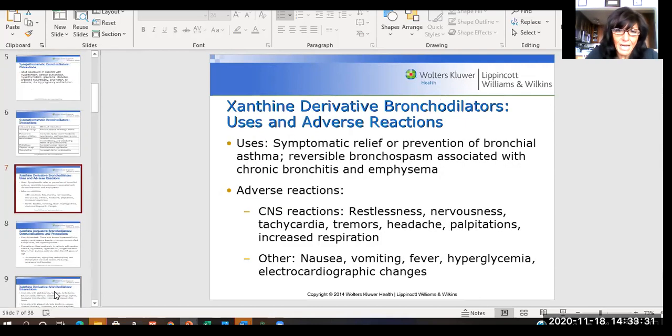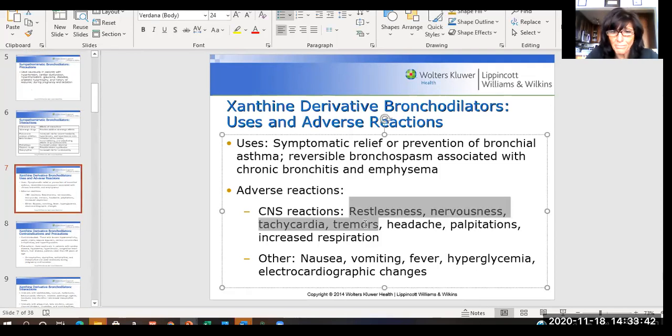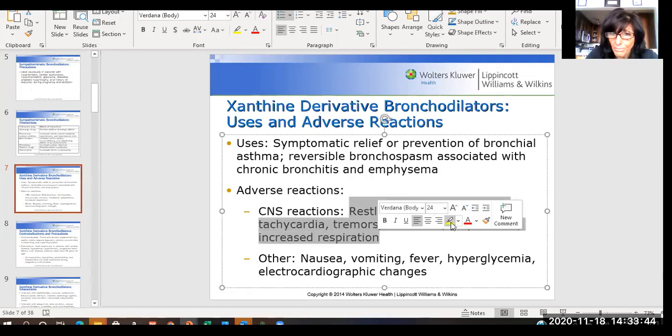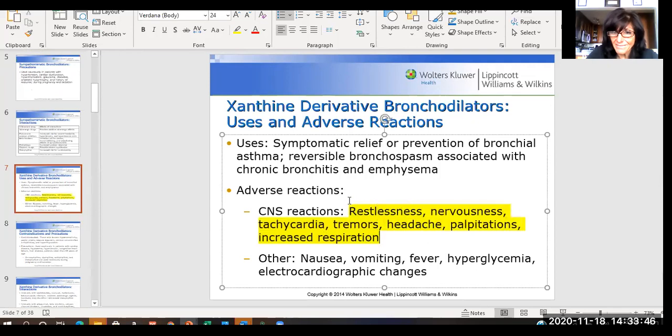All right. The xanthine derivative, that's the one we talked about. That's the theophylline. Same side effects, restlessness, nervousness, tachycardia, tremors, palpitations, right? So that's the thing that you need to really focus on. So I'm going to call that theo.